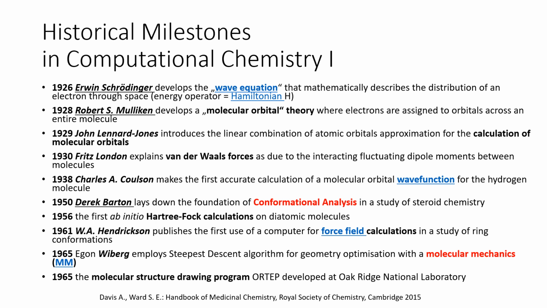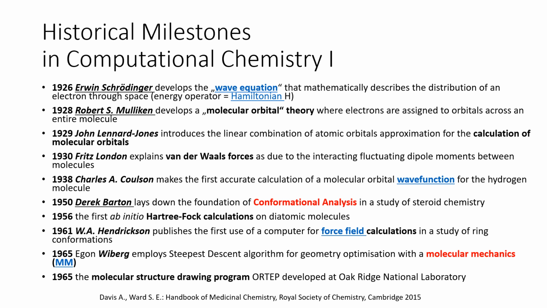In the 20s of the 20th century, Robert Mulliken developed a molecular orbital theory where electrons were assigned to orbitals across an entire molecule. One year later, John Lennard-Jones introduced the linear combination of atomic orbitals approximation for calculation of molecular orbitals.